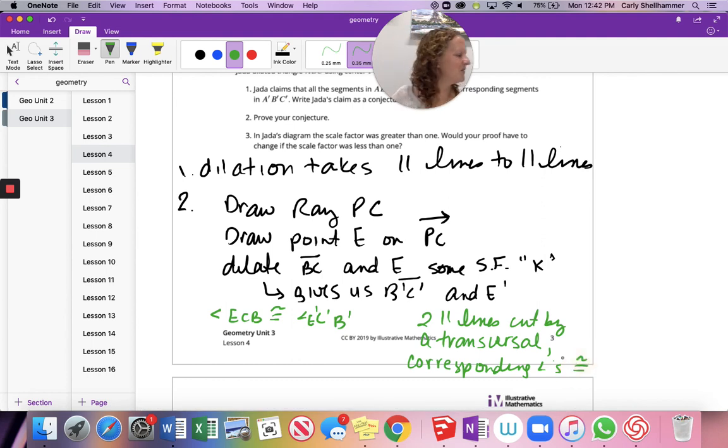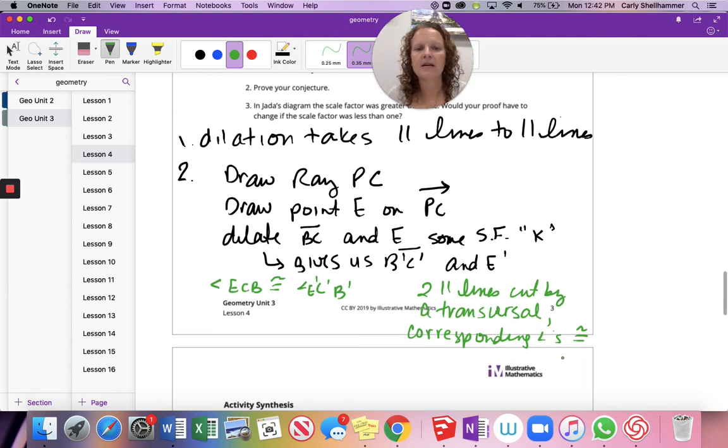Okay, cool. Transversal, corresponding angles. So therefore the lines must be parallel. Actually, I said that wrong, so let me cross off the part I said wrong. Two lines cut by a transversal with congruent corresponding angles: therefore, the lines are parallel. I said it in the wrong order, and it's really important to get it in the right order.